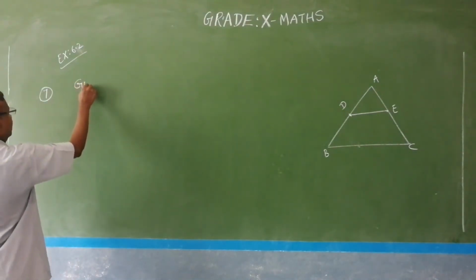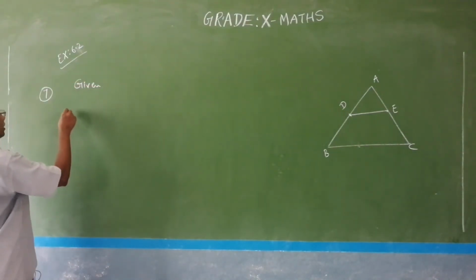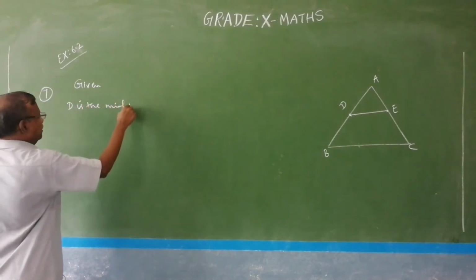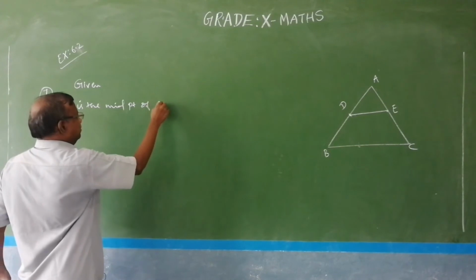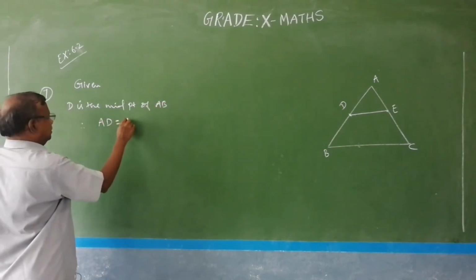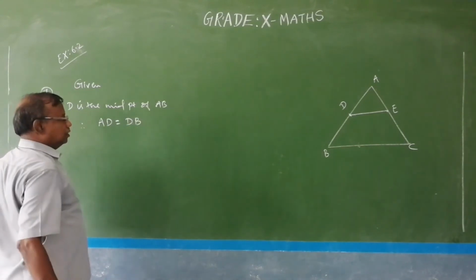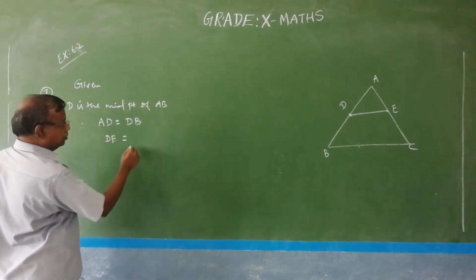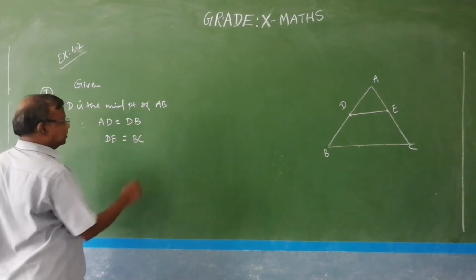Given: D is the midpoint of AB, therefore AD equals DB (1), and DE is parallel to BC.